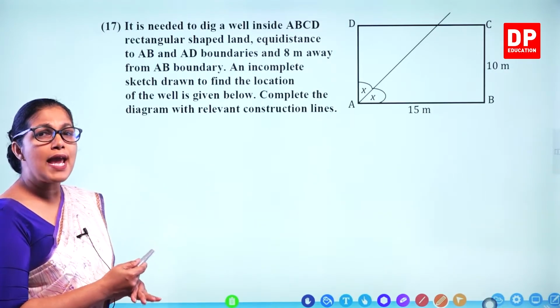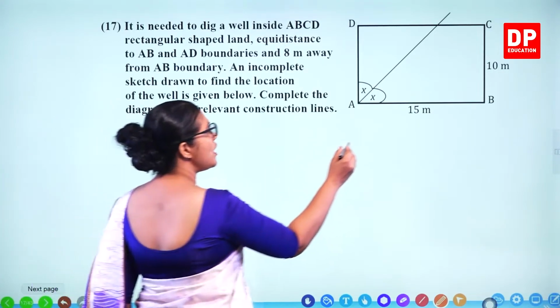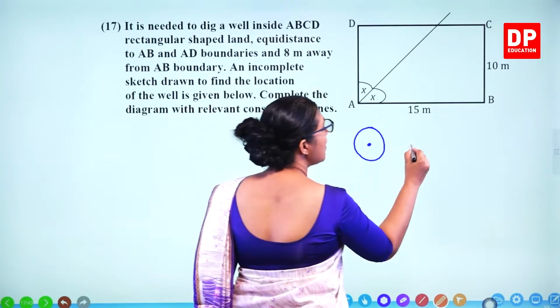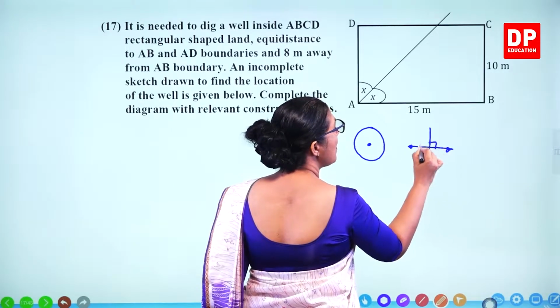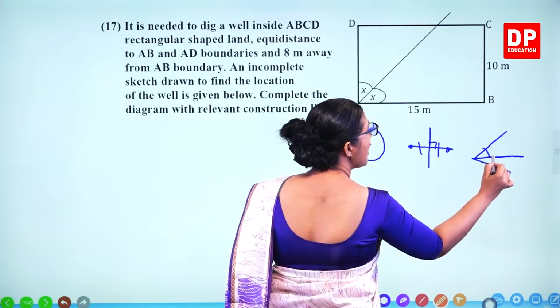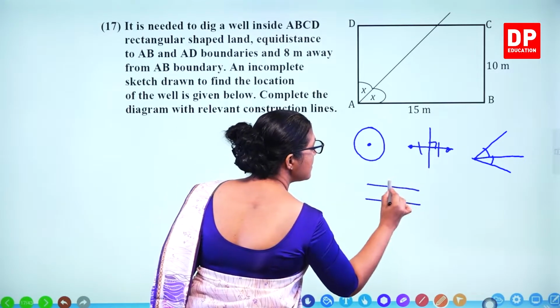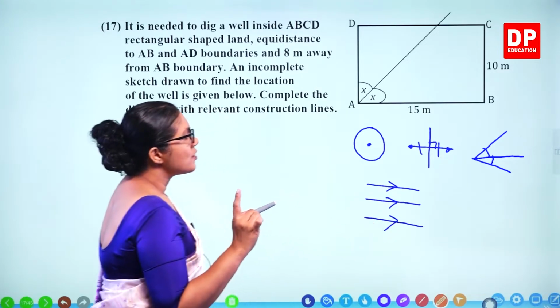So what are the main loci points you need to know? 4 things you need to know. Equidistance from a point is a circle. Equidistance from 2 points, that's a perpendicular bisector. And equidistance from 2 lines, that's the angle bisector. And equidistance from a line is 2 parallel lines. So those are the 4 things.